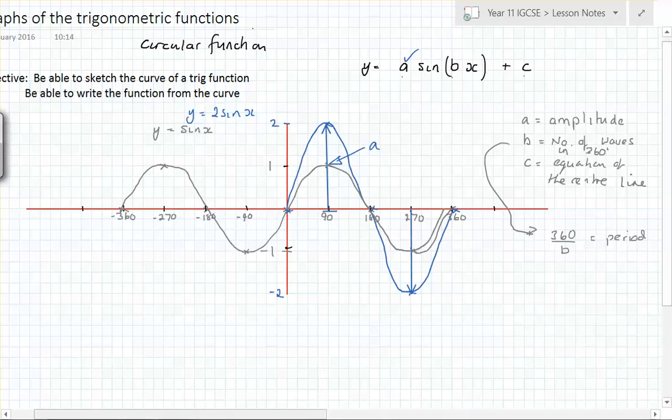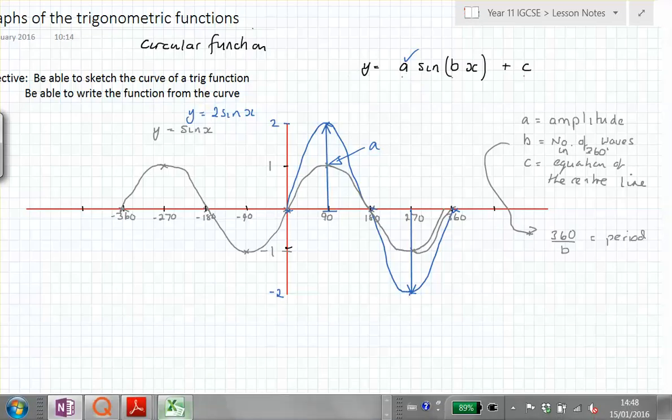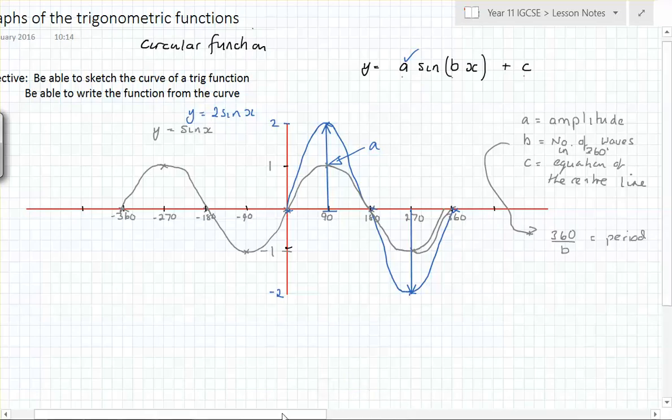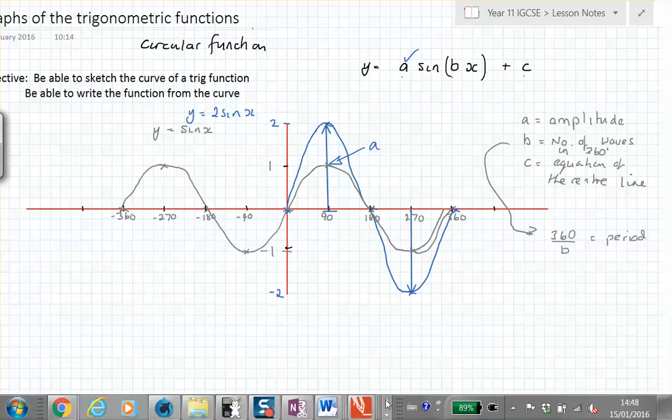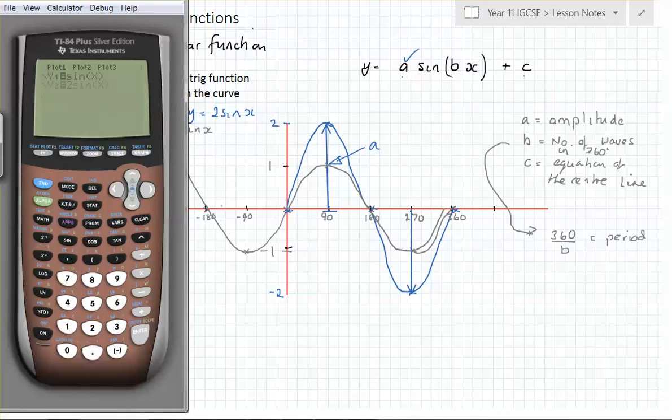Okay, so let's come back to C. What happens on my calculator if I do a plus C? Let's do 2 sine x again, let's do a plus 1.